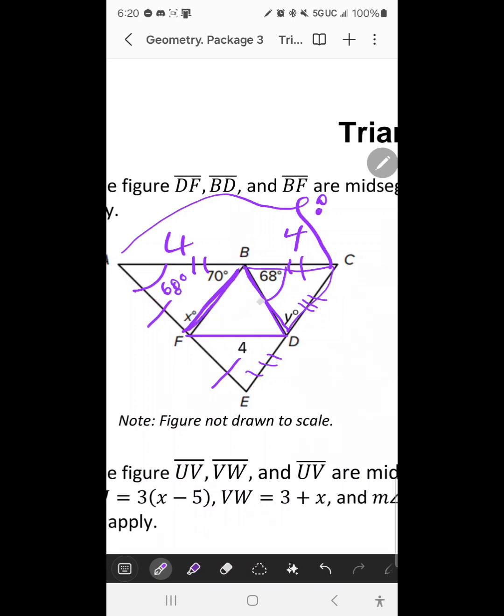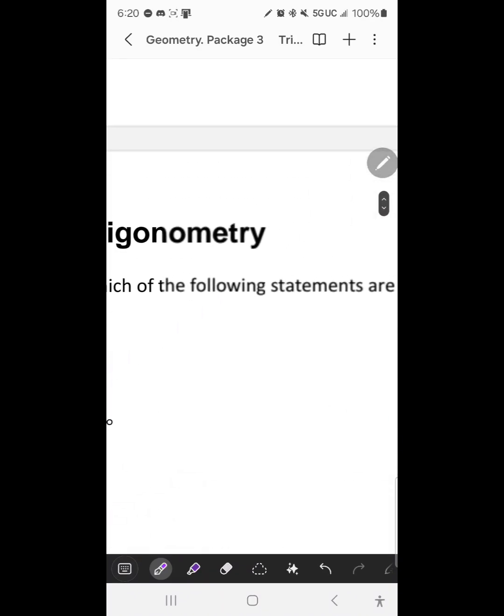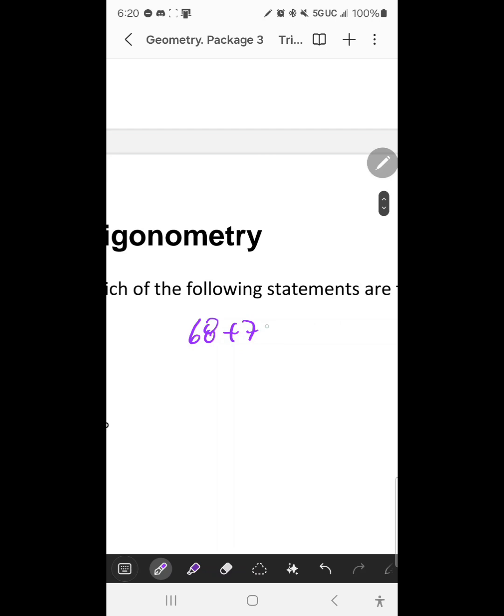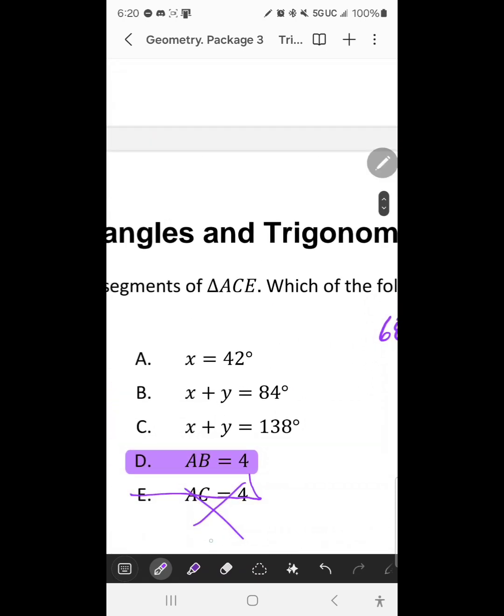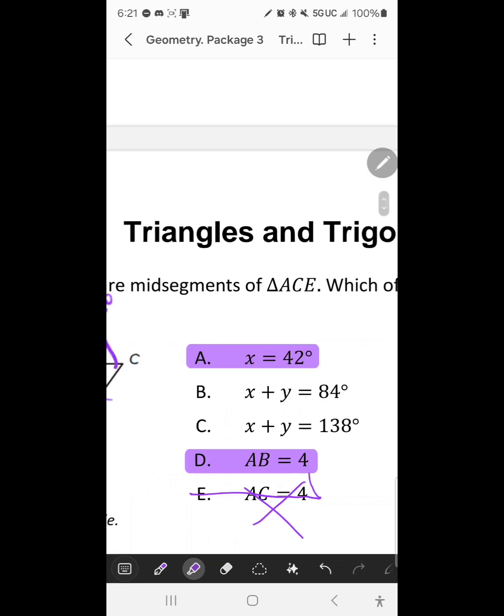So if that is 68, I could say that 68 plus 70 plus x equals 180. 68 plus 70, 138, plus x equals 180, x equals 42. And as you can see here, that's true. So A is also one of our answers.